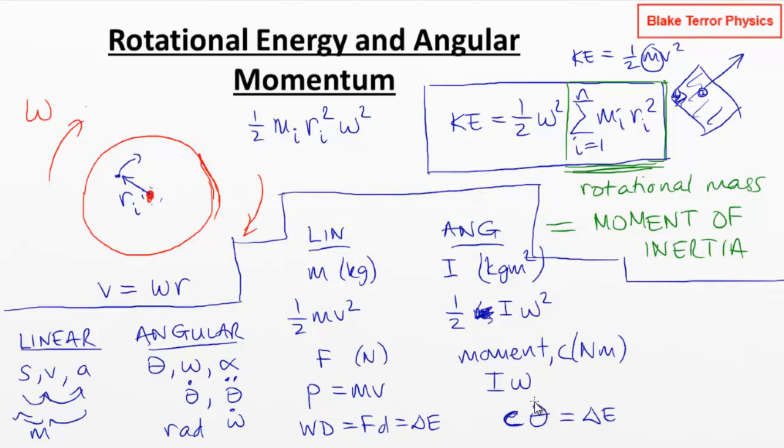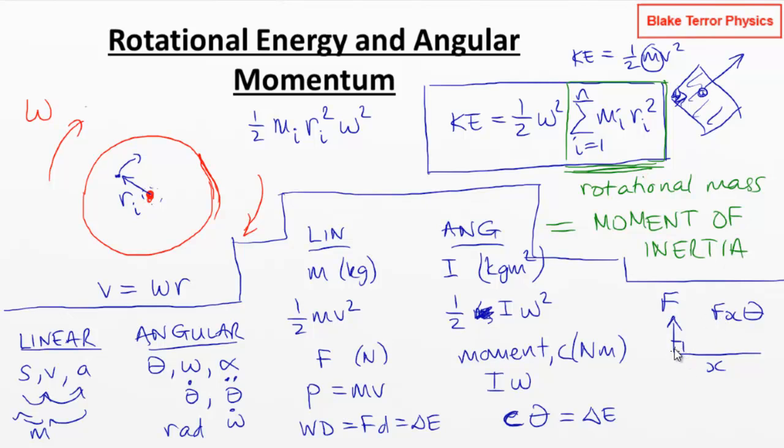And we saw this as well when we were talking about moments, that change in energy when we apply a moment. So the moment is whatever the force is times the perpendicular distance. So we've got F times x is our moment.